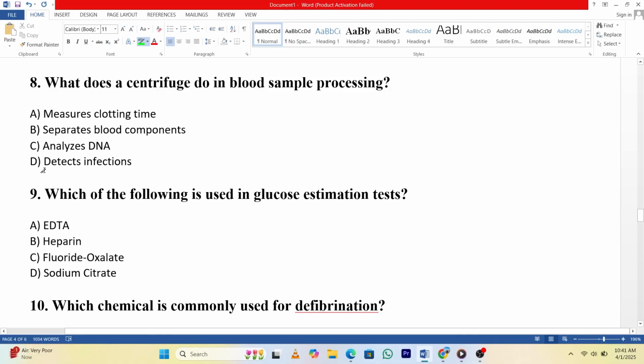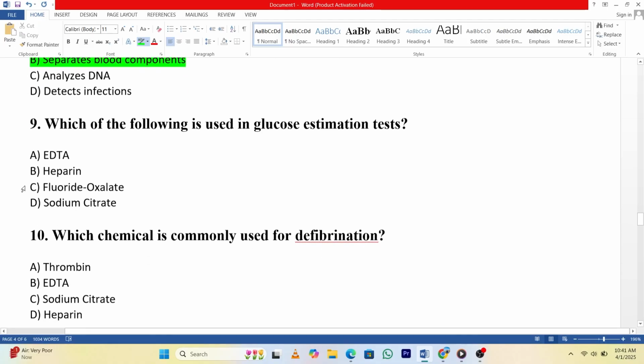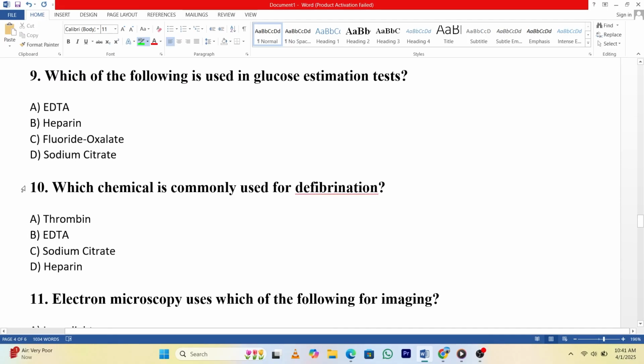9. Which of the following is used in glucose estimation tests? A. EDTA. B. Heparin. C. Fluoride oxalate. D. Sodium citrate. Answer: C. 10. Which chemical is commonly used for defibrination? A. Thrombin. B. EDTA. C. Sodium citrate. D. Heparin. Answer: A. 11.